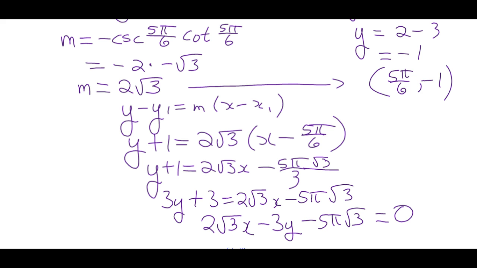You're right, I do. So 6 root 3 x minus 3y minus 5 pi root 3 over 3 minus 3, move that over, minus 3 equals 0.